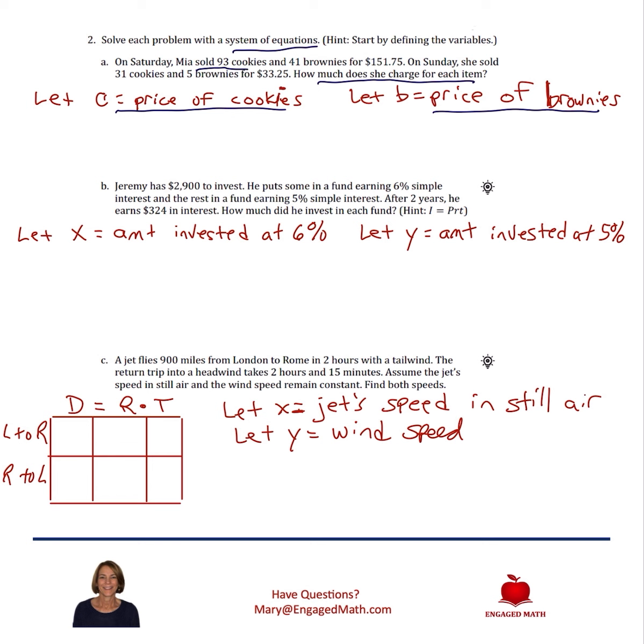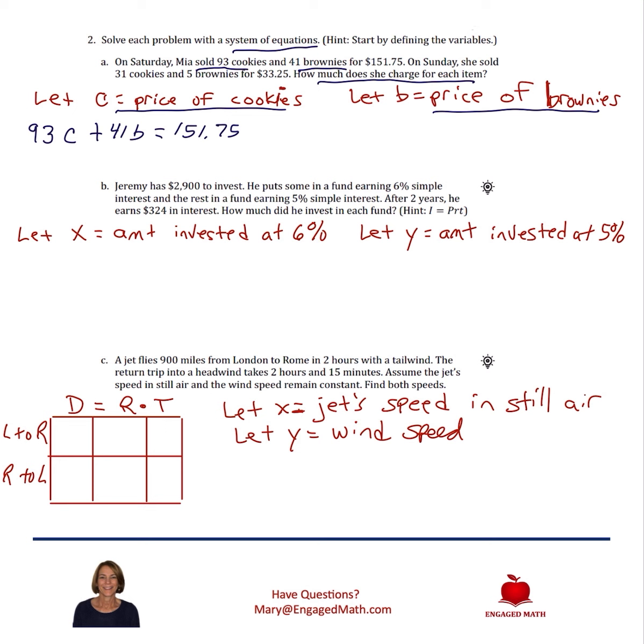The first thing we know is that on Saturday, Mia sold 93 cookies and 41 brownies. So 93 times whatever the price is for a cookie plus 41 times the price of the brownies equals the total amount that she earned that day of $151.75.